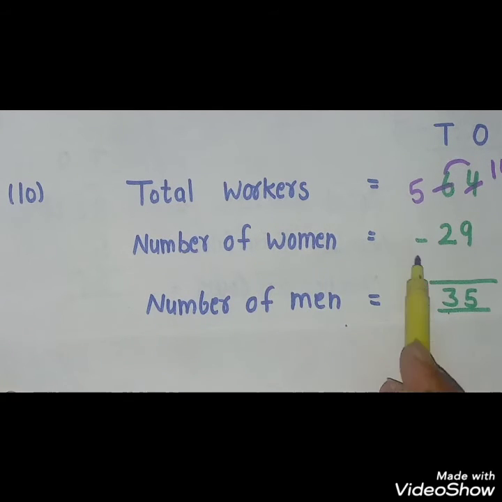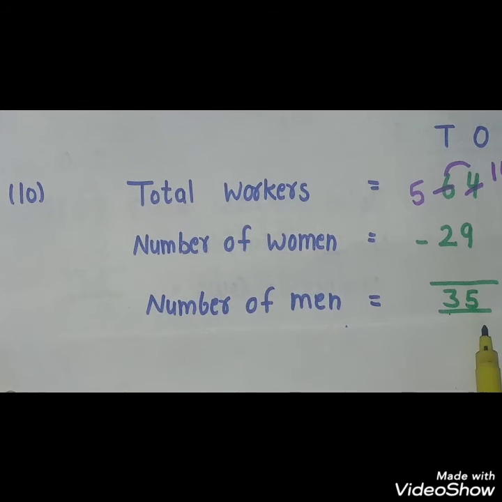Number of women, that is 29. And number of men are 35. In this sum we have to subtract because we find out the number of men.